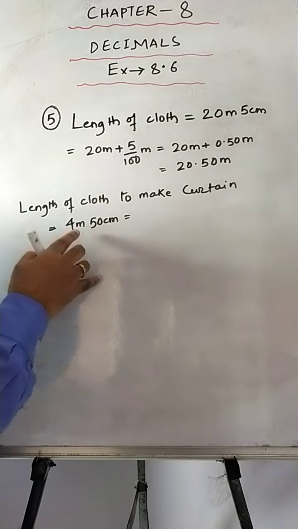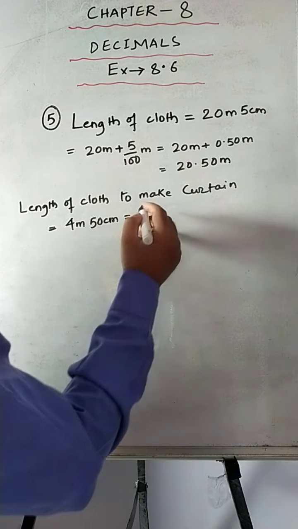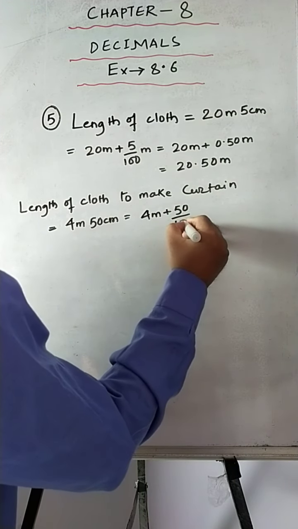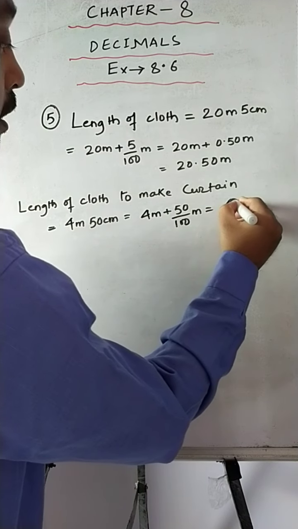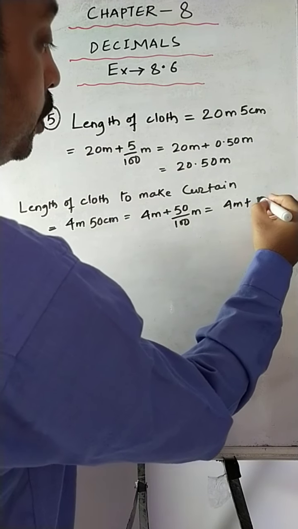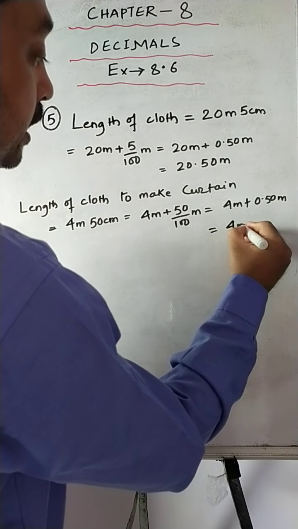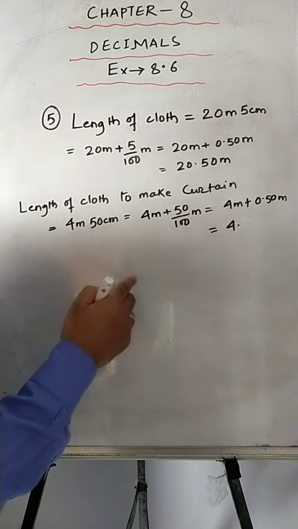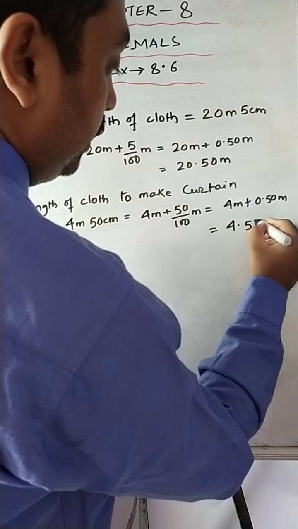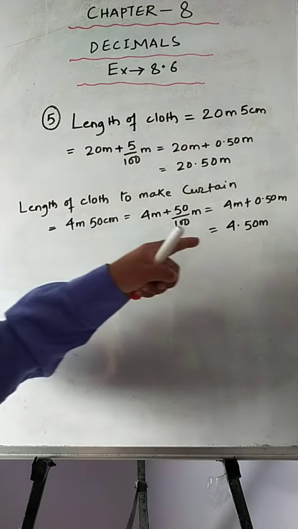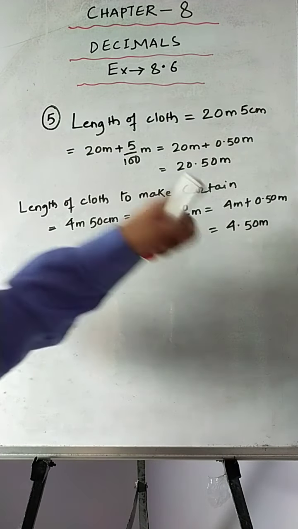Again we have to convert this whole form to a decimal form, that is 4 meter plus 50 by 100 meter, and that will look like 4 meter plus 0.50 meter, isn't it? So finally when we add it we get the value as 4.50 meter. Okay, so this is the length of cloth to make a curtain in the decimal form.